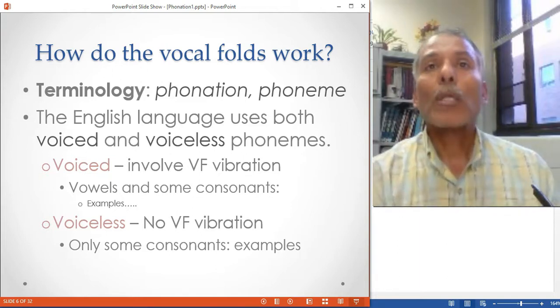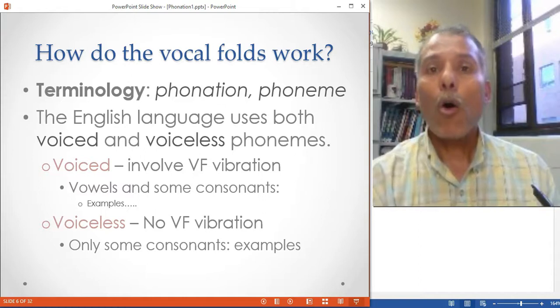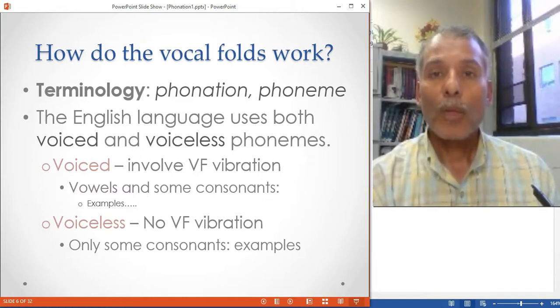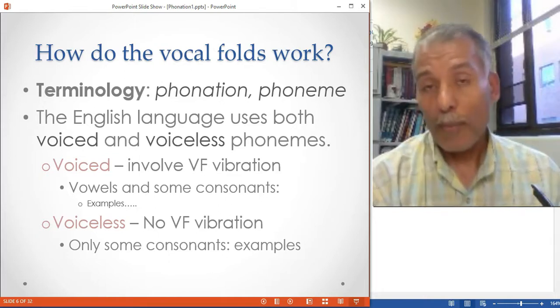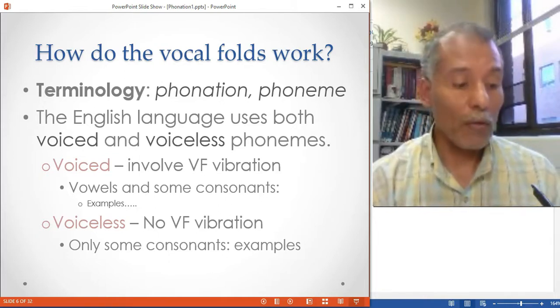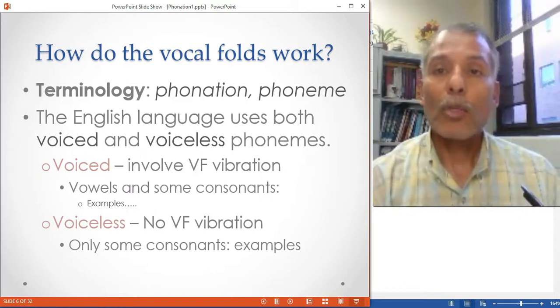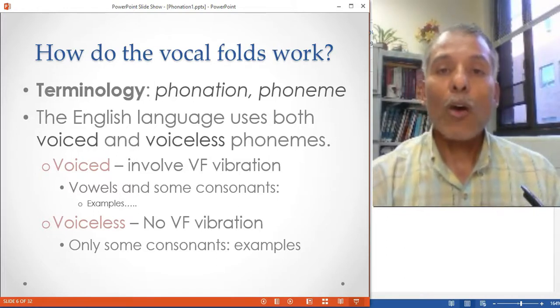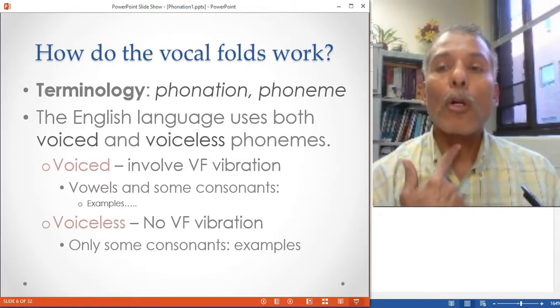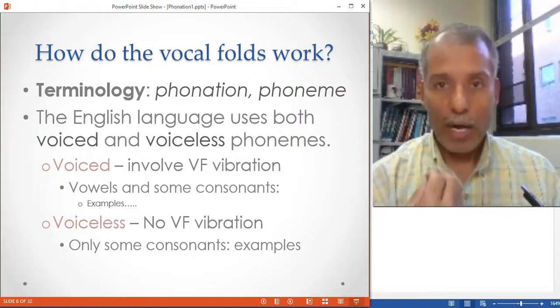Voiced sounds include all of the vowels. Whenever you say any vowel, for example, in English, there are 14 different vowels, and when you say ah, e, o, all these different vowels, every time the vocal folds are engaged, they are vibrating.